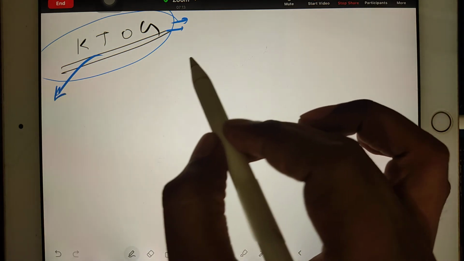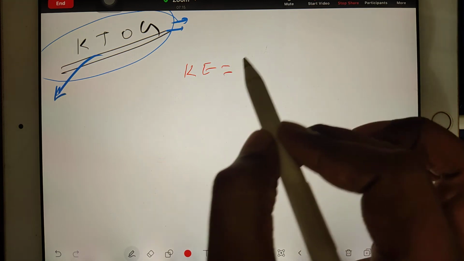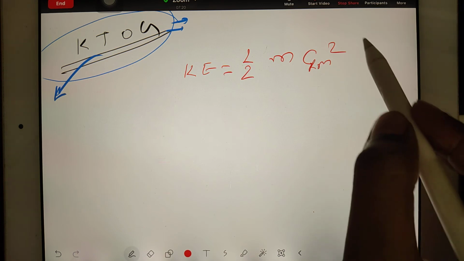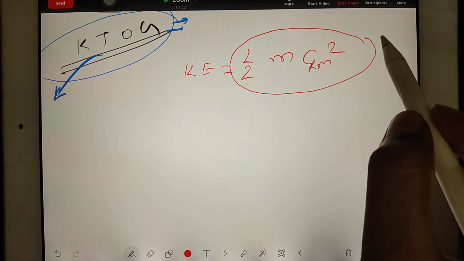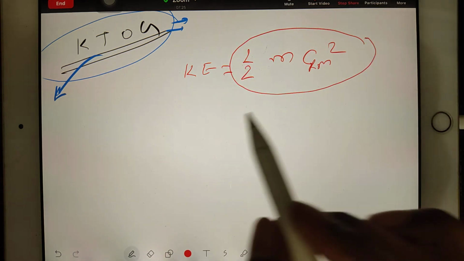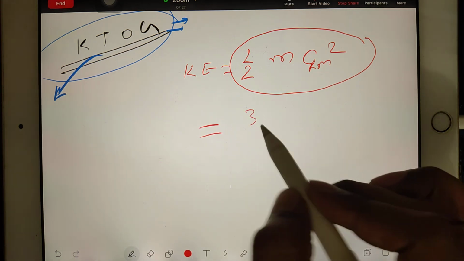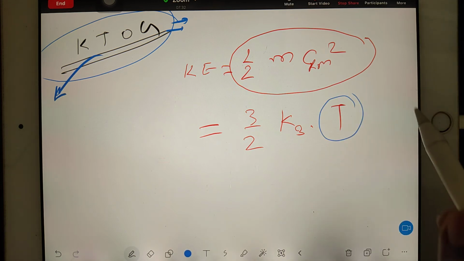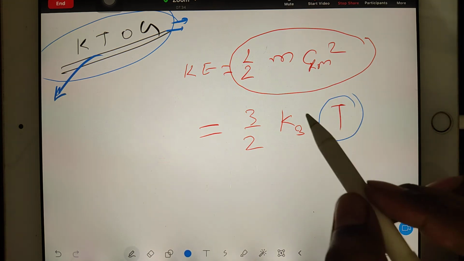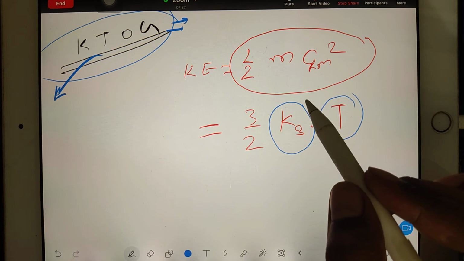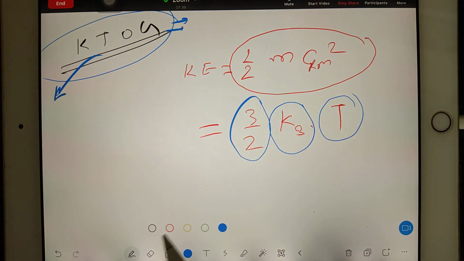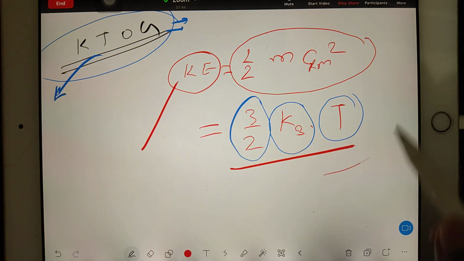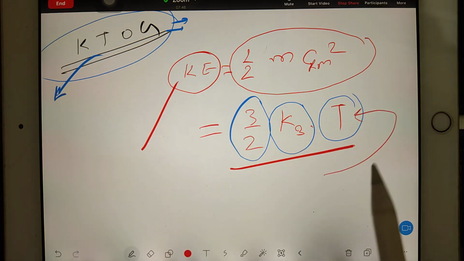There we had the formula of kinetic energy, half m C_rms squared. This is the amount of kinetic energy any particle can possess. The same formula we can write in terms of the Boltzmann constant: 3/2 Kb T, where T is the Kelvin temperature of the system, Kb is the Boltzmann constant, and 3/2 is a number. This total is the kinetic energy of the gas when the gas is kept at this temperature.